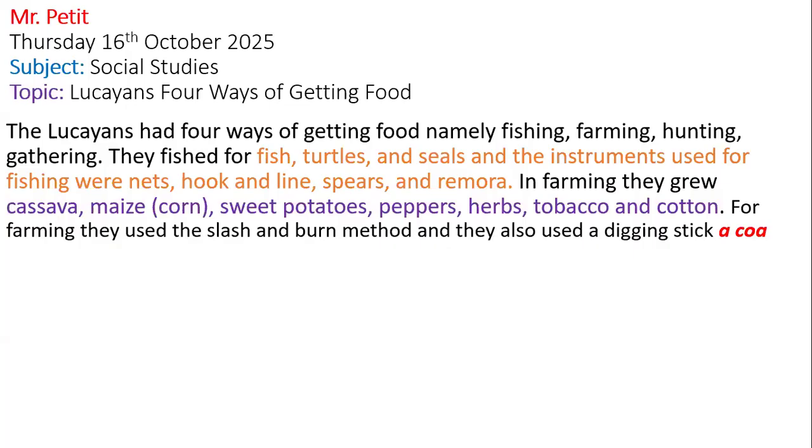All right. Mr. Petit. Okay. Wouldn't burning the area remove the minerals instead of bringing more? No, think about it. Have you ever heard of compost? You know what compost is?